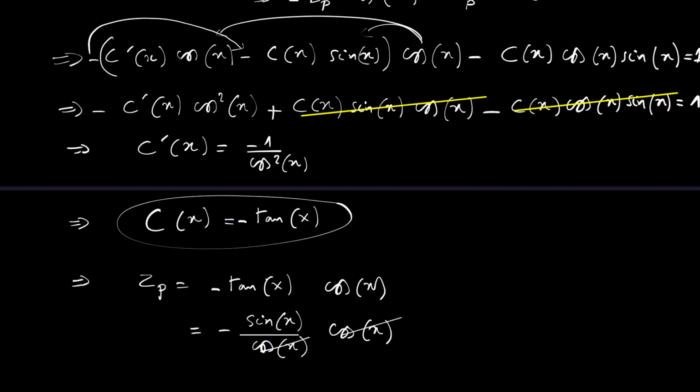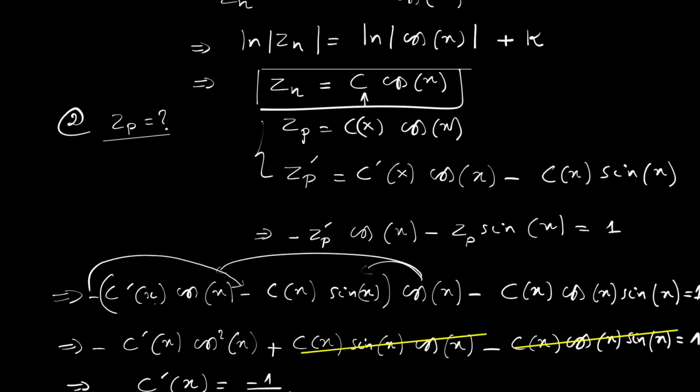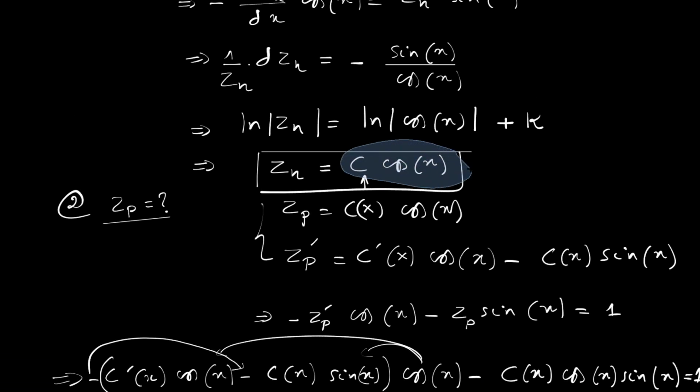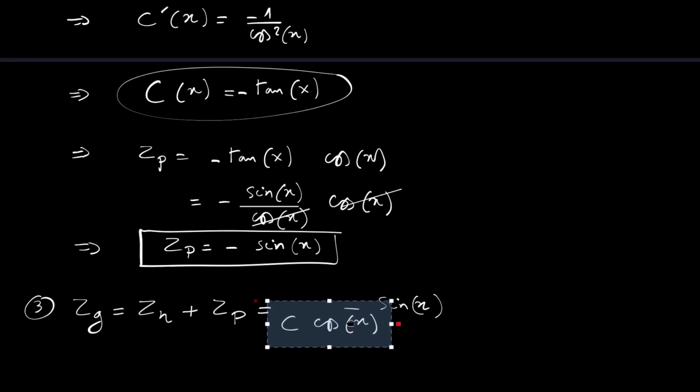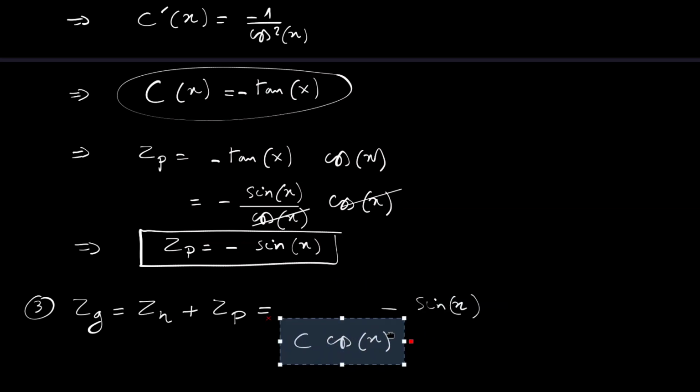We can simplify it like this, and finally we get our particular solution in this form. Now we can write the general solution, which is the sum of the homogeneous solution and the particular solution. The particular solution is right here, and the homogeneous solution is here. It is a little bigger than this. Okay.